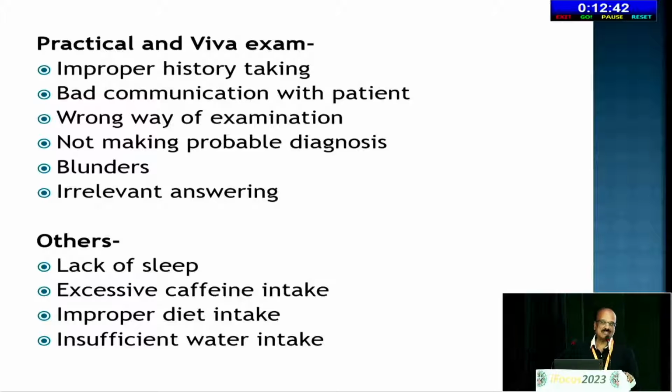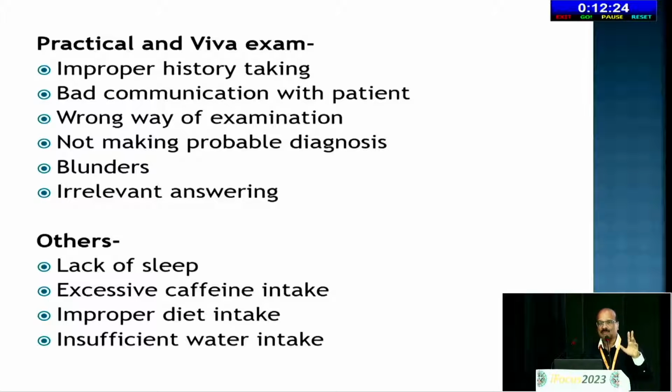The common mistakes you make in the practical and Viva voce: improper history taking, which we discussed already. Bad communication with the patient, just like Dr. Chauhan said. Wrong way of examination, sir already said.